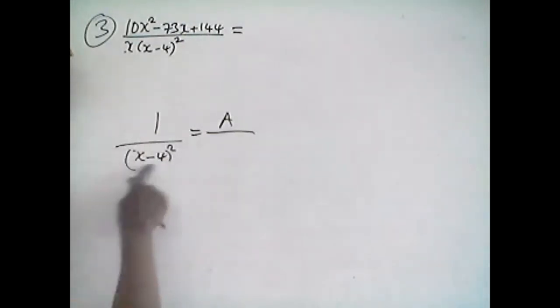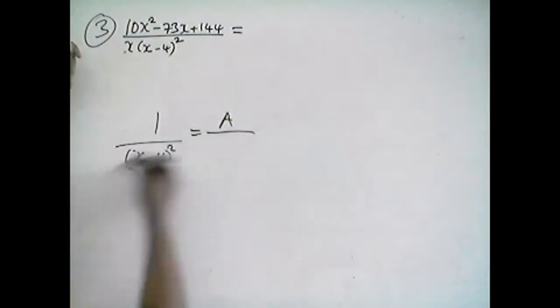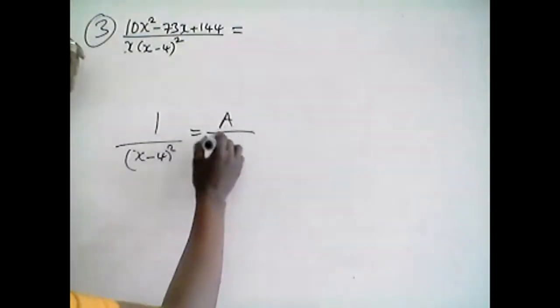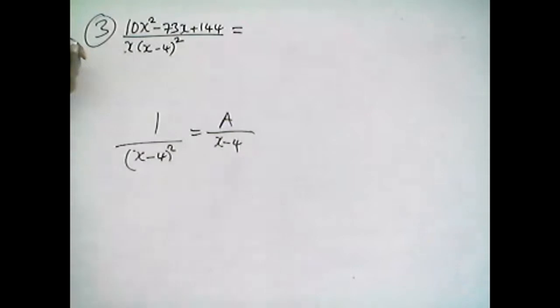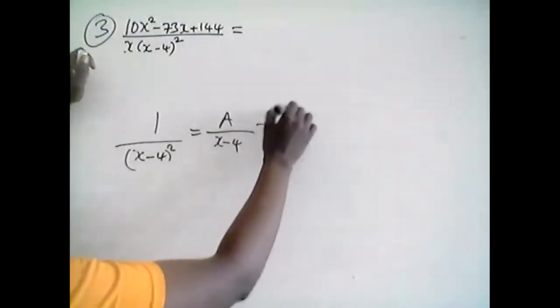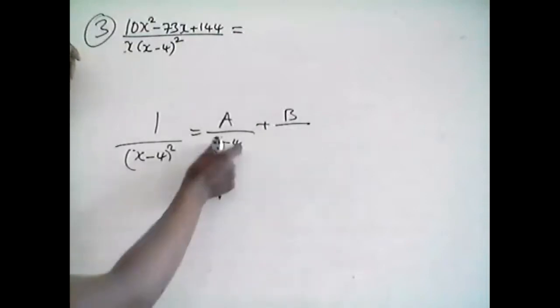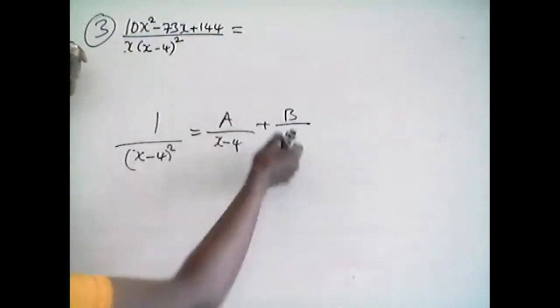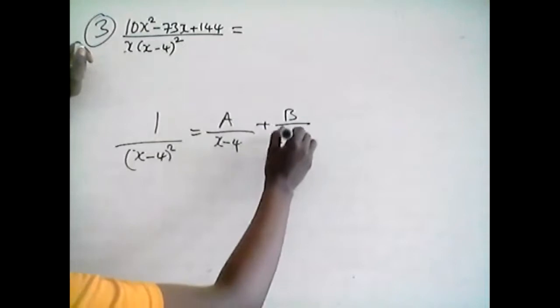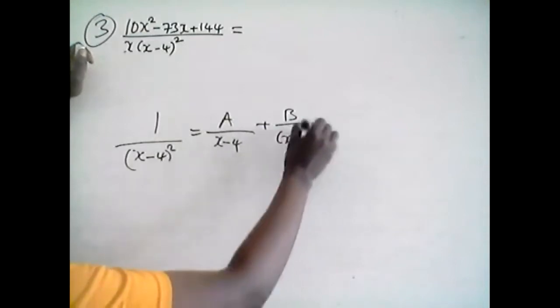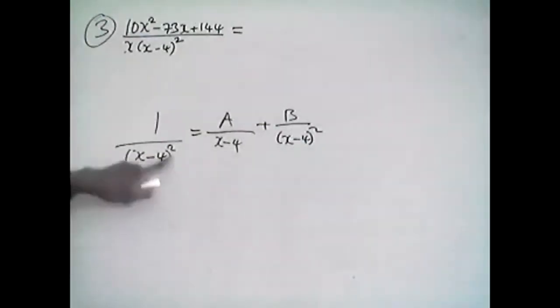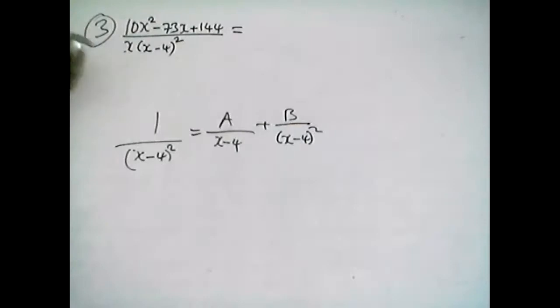This inside part is linear, so it is A over x minus 4, plus B over x minus 4 squared. Since the power here is raised to 2, we end just there.